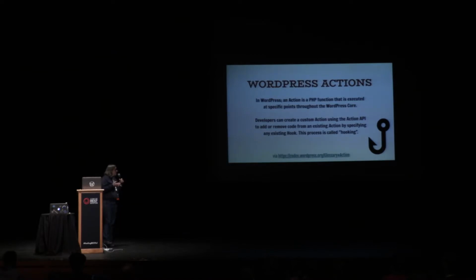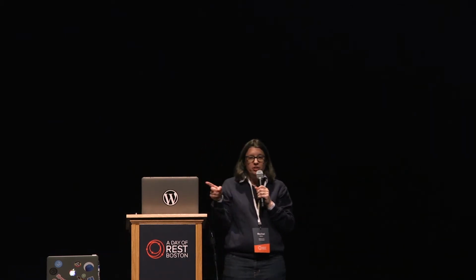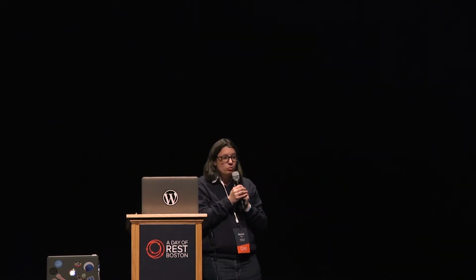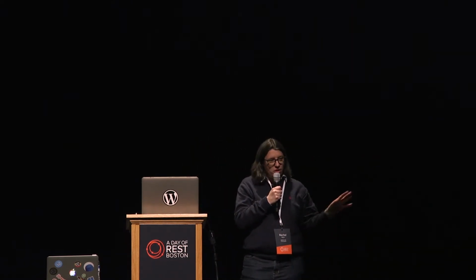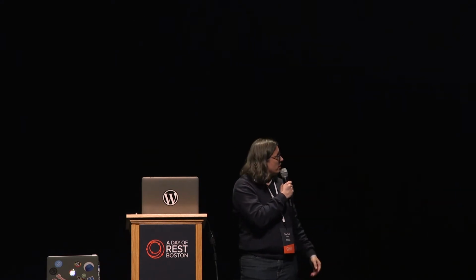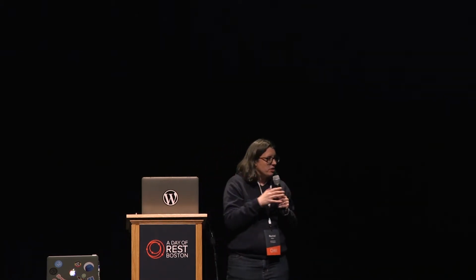So WordPress has actions that help this process. Probably the one you're most familiar with, because it's the most abused in all of WordPress, is save post. Anywhere in WordPress that you see the do action line of code, that's a WordPress action, and those all run throughout, pretty much every CRUD action, and in many places in the code base where anything interesting happens.